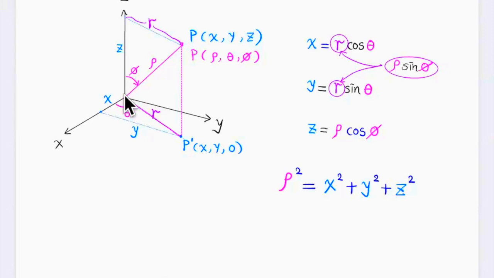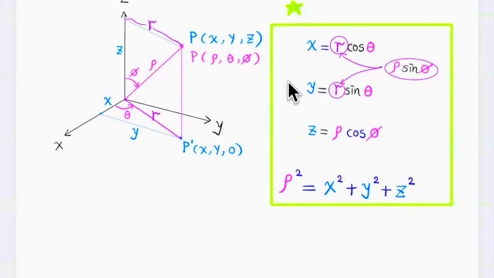Because by the Pythagorean theorem, rho squared is z squared plus r squared, but r squared is equal to x squared plus y squared. So rho squared is equal to x squared plus y squared plus z squared. We use this fourth equation to convert between spherical and rectangular coordinates.